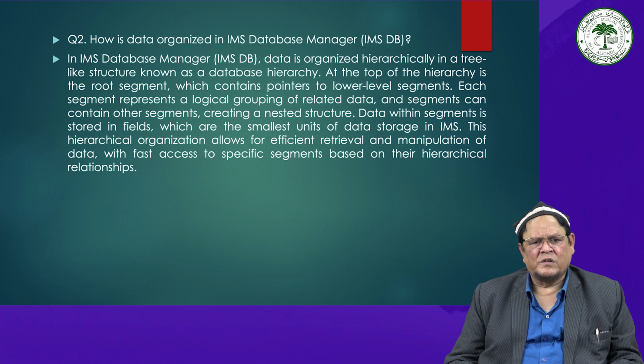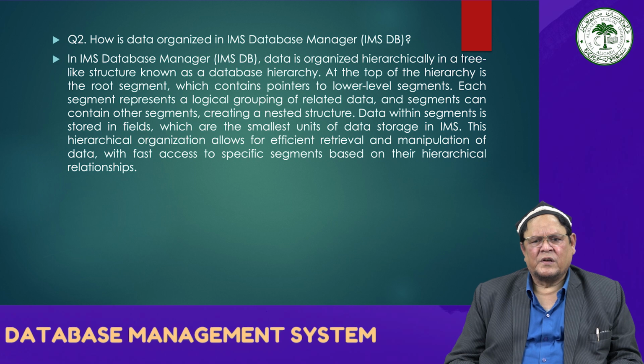The next question was, how is data organized in IMS Database Manager? In IMS Database Manager, data is organized hierarchically in a tree-like structure known as the database hierarchy. At the top of the hierarchy is the root segment, which contains pointers to lower-level segments.